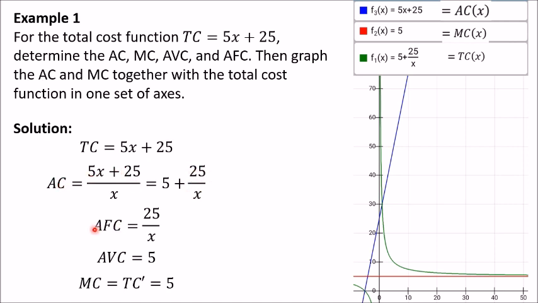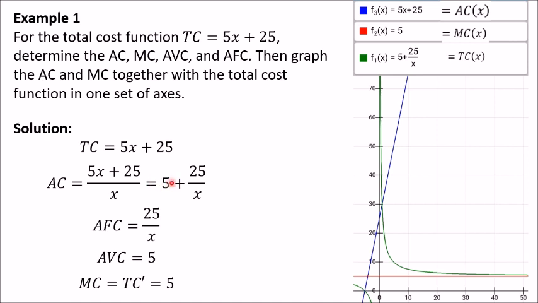Now, what is our average fixed cost? Of course, ito yung 25 yung fixed cost natin. Then, kunin lang natin ang part na to na yung ating average fixed cost, 25 over x. Based on the formula dun sa ating introduction, na average fixed cost is just the fixed cost divided by x. So, ito yun. And then, average variable cost, itong 5x naman divided by x. So, yun yun, 5.